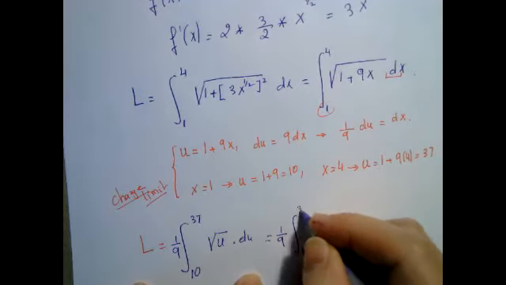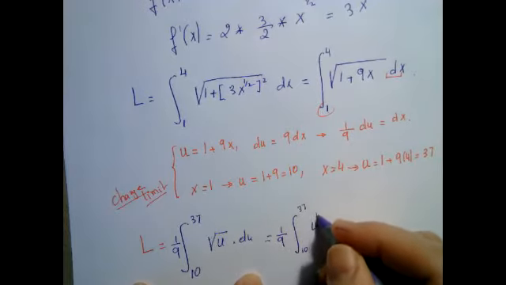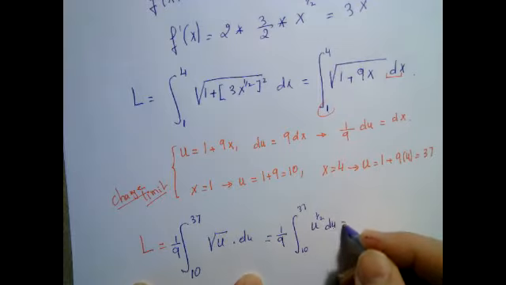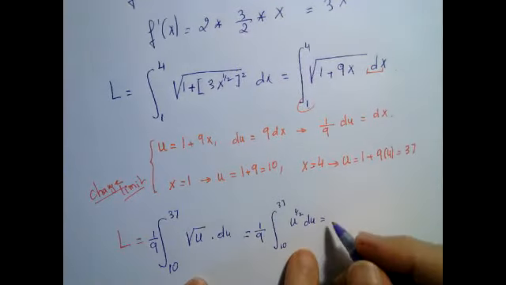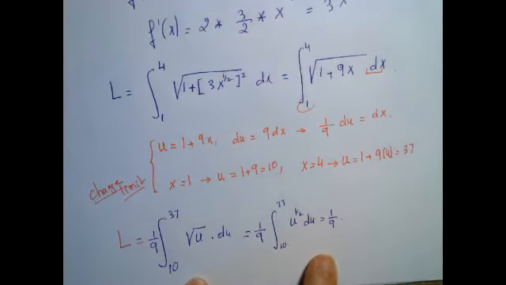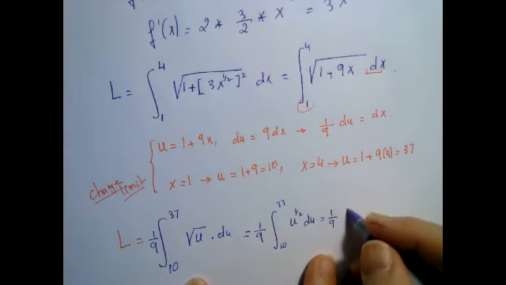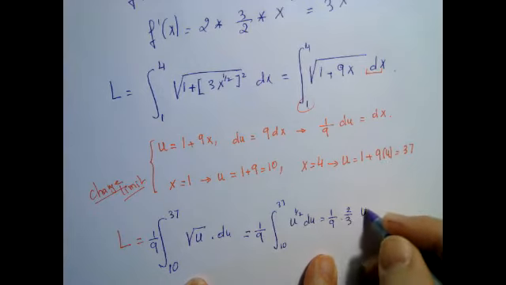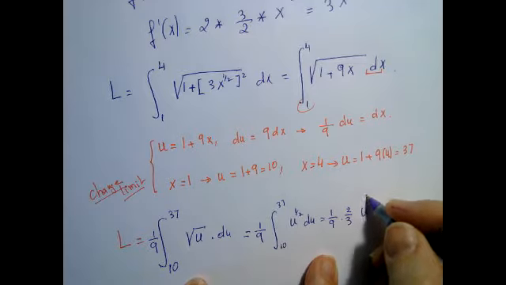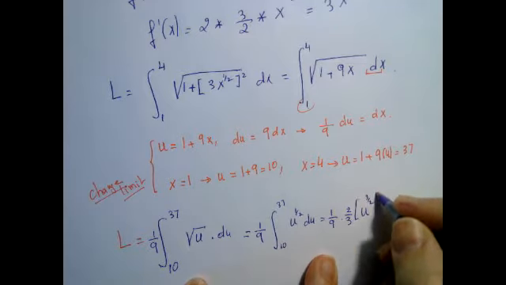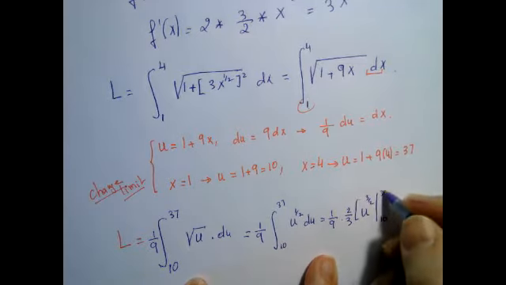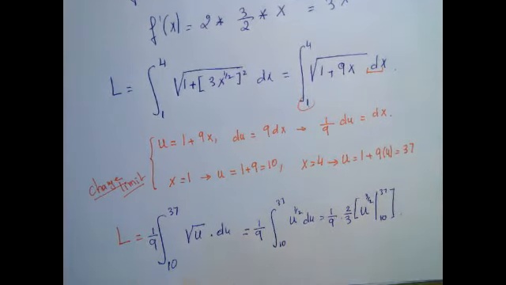The square root of u becomes u to the power 1/2. This gives me 1/9 times 1 over 1/2 plus 1, u to the power 1/2 plus 1, evaluated between 10 and 37.